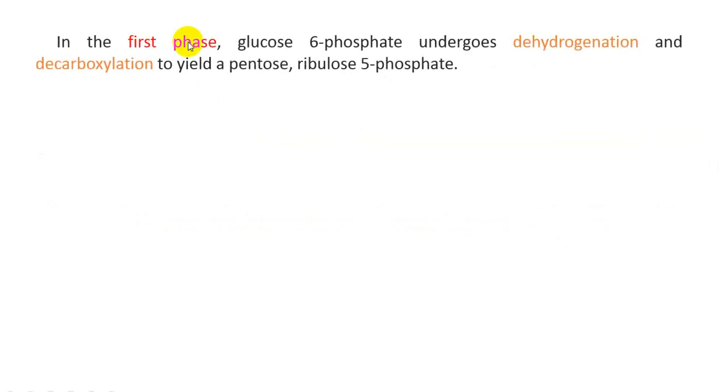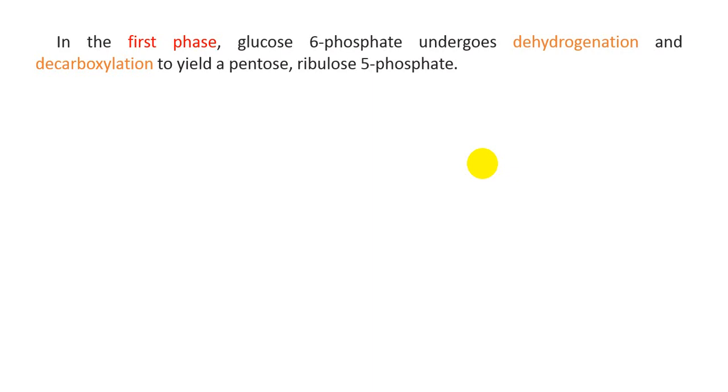In the first phase, glucose 6-phosphate undergoes 2 steps or processes.